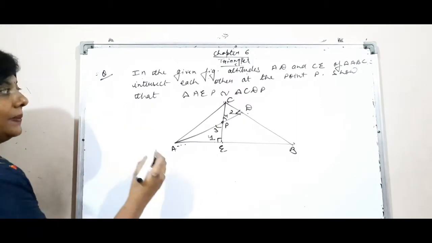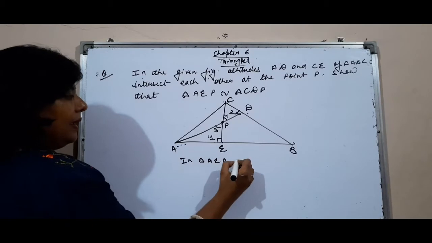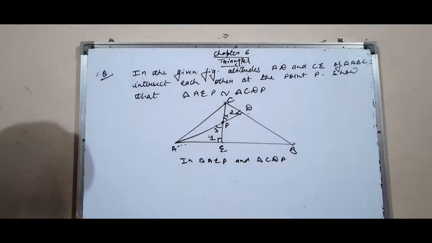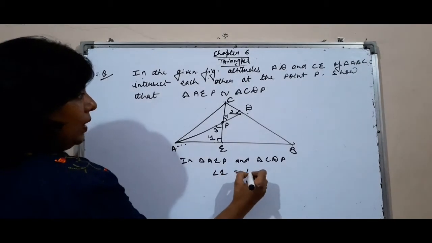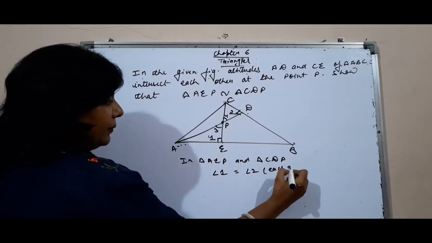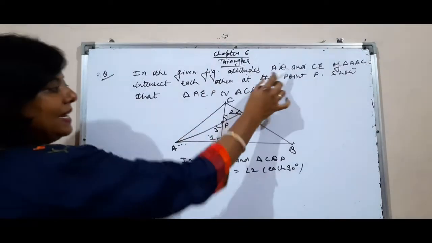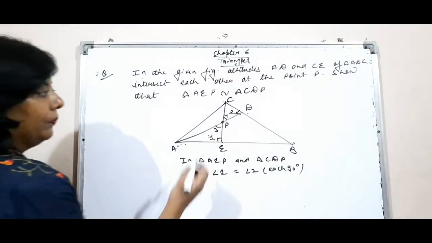Okay, students? In triangle AEP and triangle CDP, it was a very simple question. Angle 1 equals to angle 2, each 90 degree. Why is it 90 degree? Because AD and CE are the altitudes given to you.